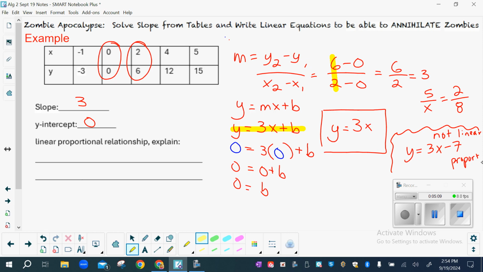So this one, the y-intercept is -7. What's the y-intercept here? 0. So it has to go through the origin in order for it to be a linear proportional relationship. So this one is yes, it goes through the origin. So you're going to answer that on each one, yes or no, and explain.